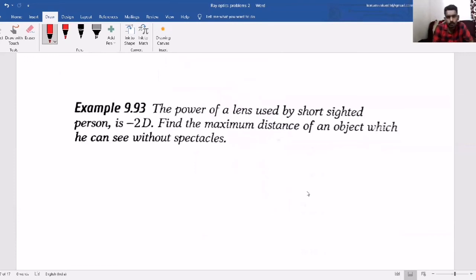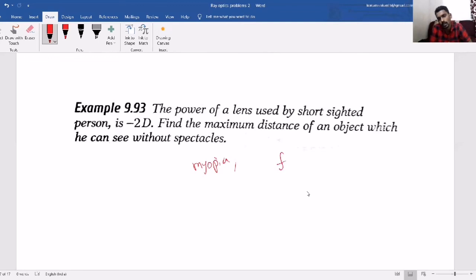Now one more question. The power of a lens used by a short-sighted person, nothing but myopia or nearsightedness, is -2 diopter. Find the maximum distance of an object which he can see without spectacles. So the defect is myopia.